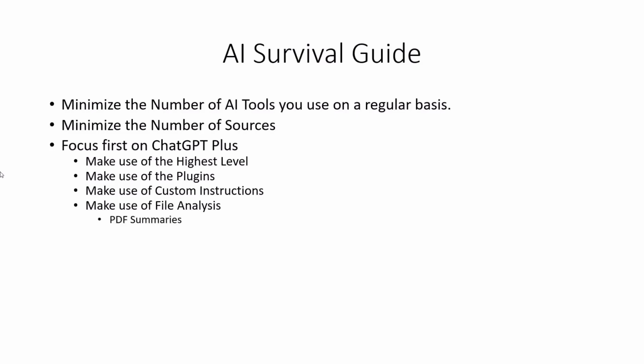For example, the file analysis can do PDF summaries. If you have a long, complicated PDF and you have ChatGPT Plus, you can upload that PDF and ask ChatGPT Plus for a summary. You can ask it for the main points, or for bullet points.